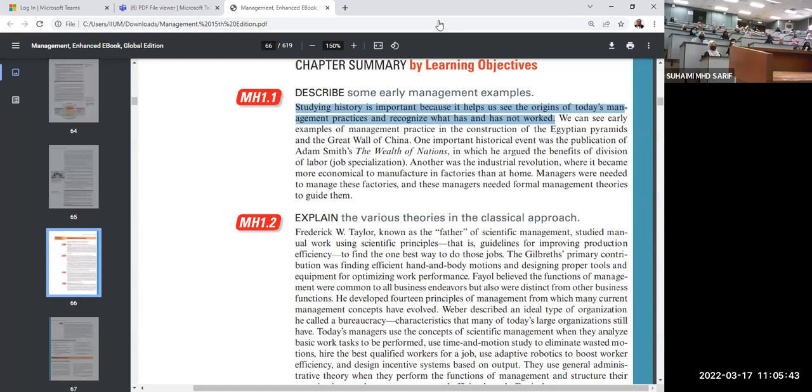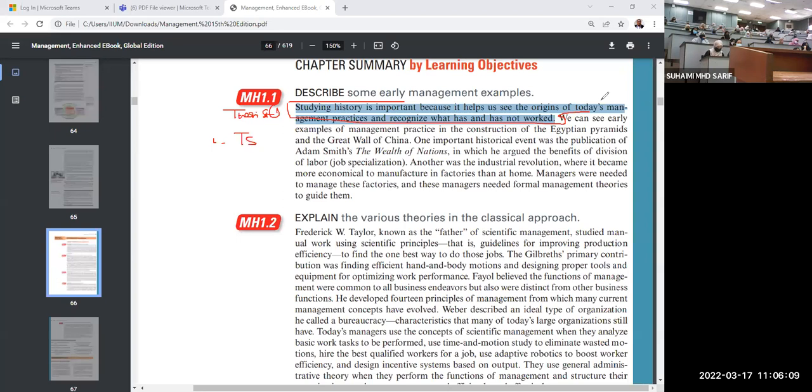Let me draw. This will be your thesis statement. In an English essay, this is called the thesis statement. Paragraph 1. Paragraph number 2 will be your first topic sentence.